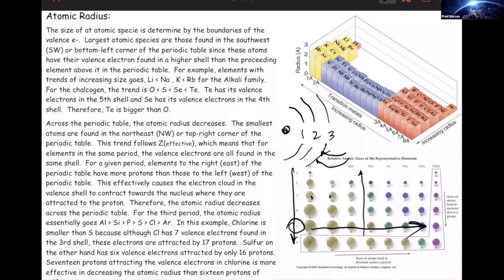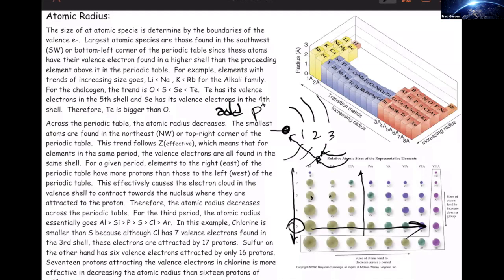But remember as well that as we add electrons, we're also adding protons. And so as we go across the periodic table, sure, we have electrons that are increasing in the same shell, but we also increase the number of protons in the nucleus. And you can think of the protons as a magnetic field attraction. It's going to pull these electrons closer in. And so you would expect that if you've got a greater number of protons in the nucleus, it's going to collapse.